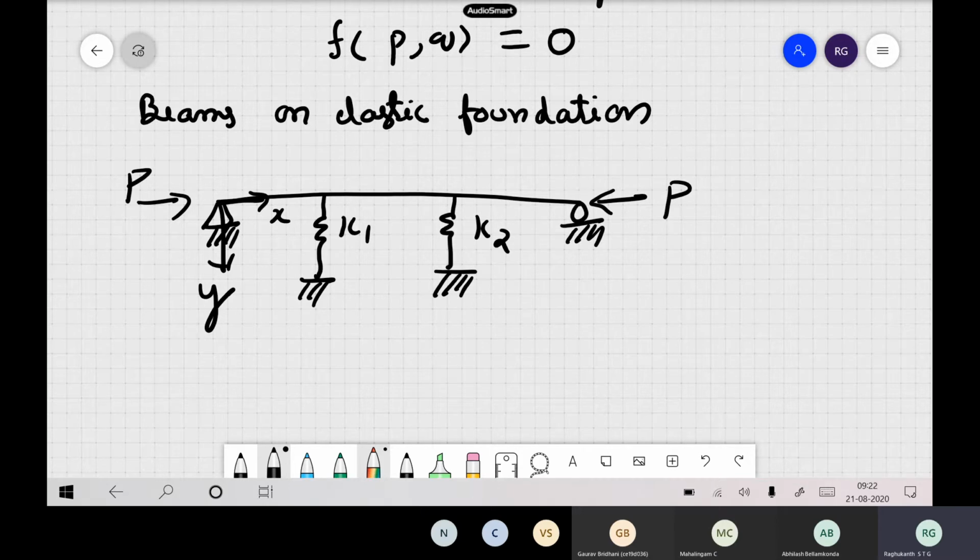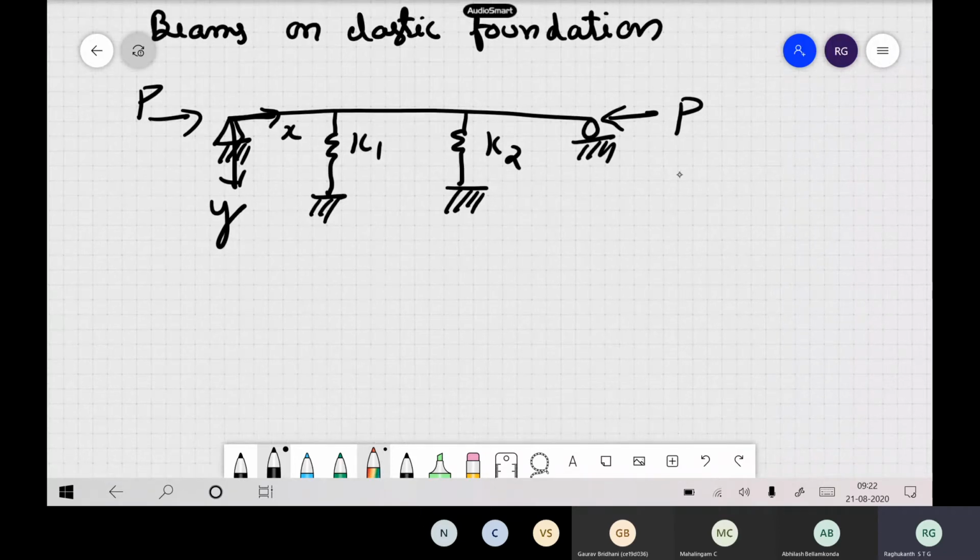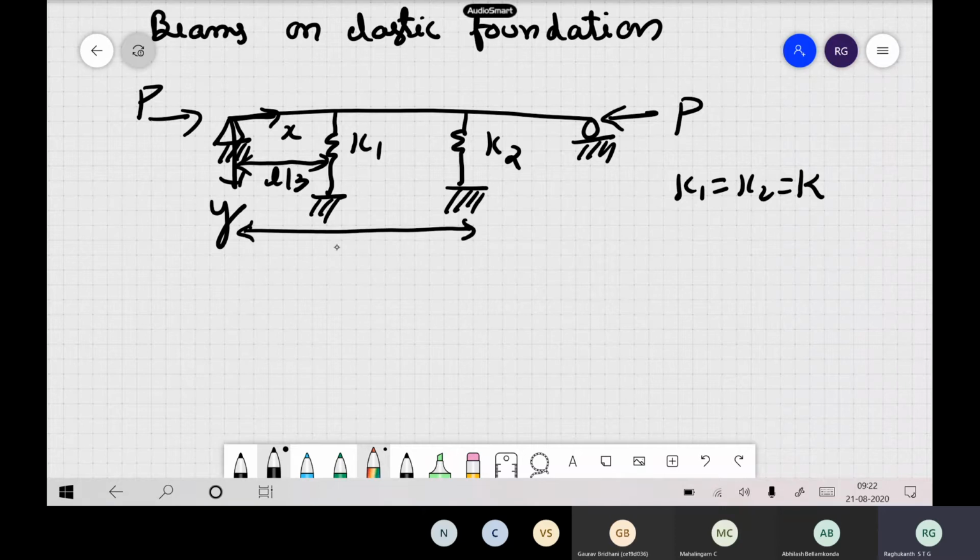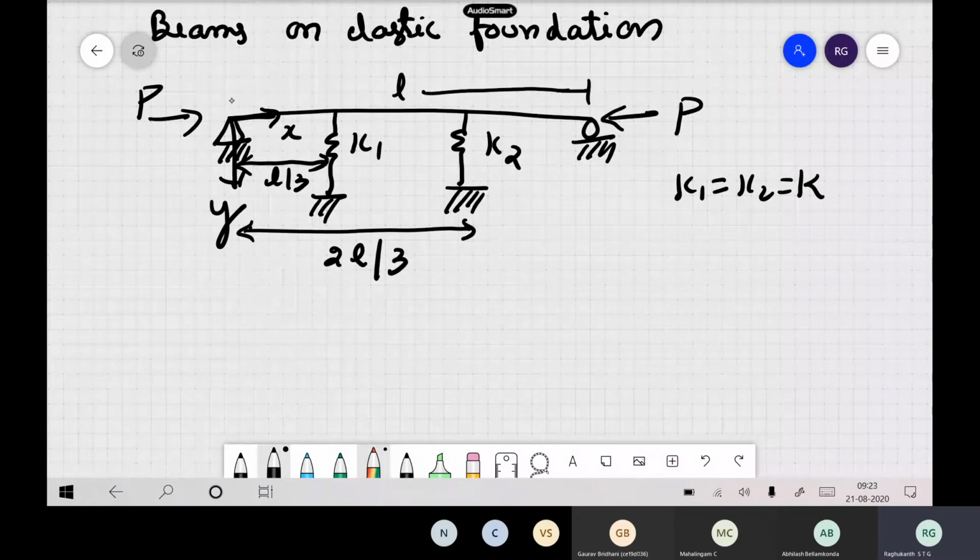For simplicity, we assume K1 is equal to K2 is equal to K. Then X1 is this distance, which we take as L by 3, and this distance is 2L by 3. Of course the total span is L itself. This is also L by 3.